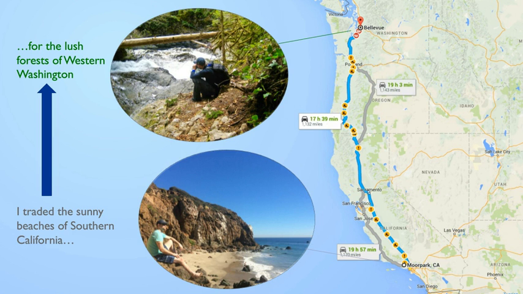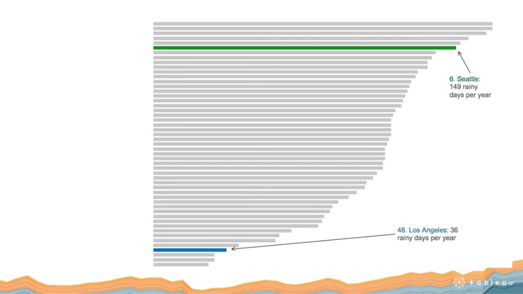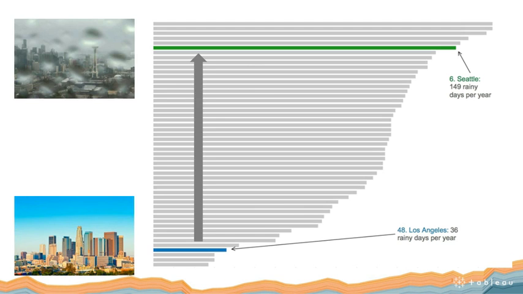Because it is true, actually, that I did move northward. It involved another kind of move northward up the list of rainy cities. So LA is way down there, number 48, 36 rainy days per year. Imagine that, just 36 days where it actually rains in a year. And I did go from that all the way up here to Seattle, which is 6th on the list with 149 rainy days per year. So that is true.